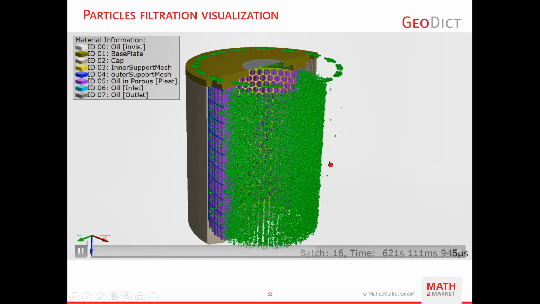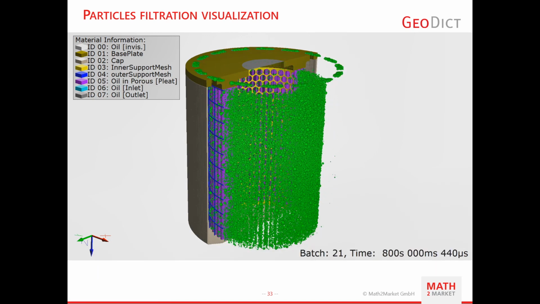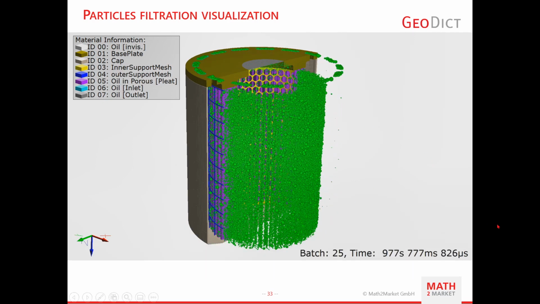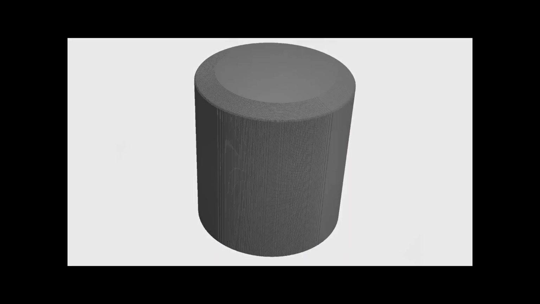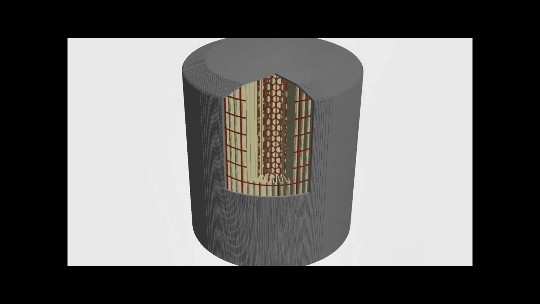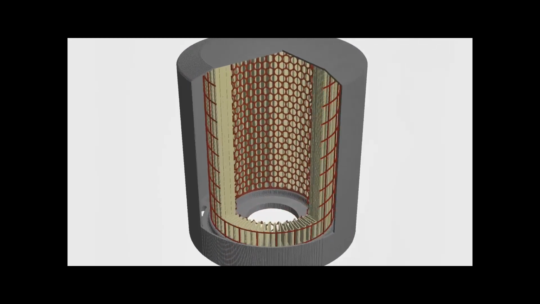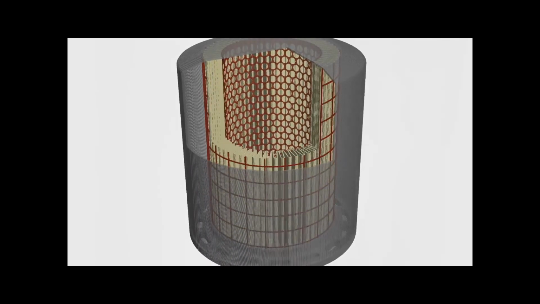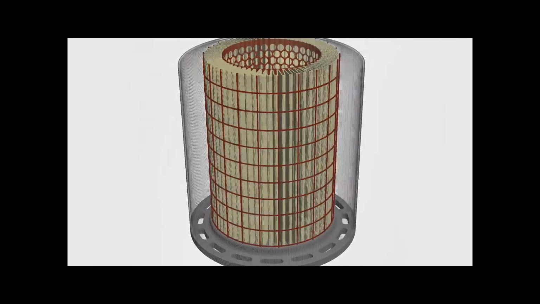So particles are visualized here with a factor of 20 to have a better visualization. These are some videos or animations you can easily make with Geodict, where you can first of all visualize your geometry, and then also show the streamlines or trajectories of the particles.